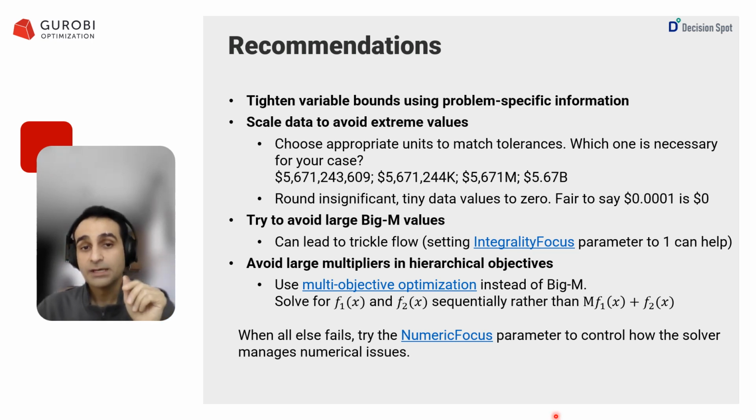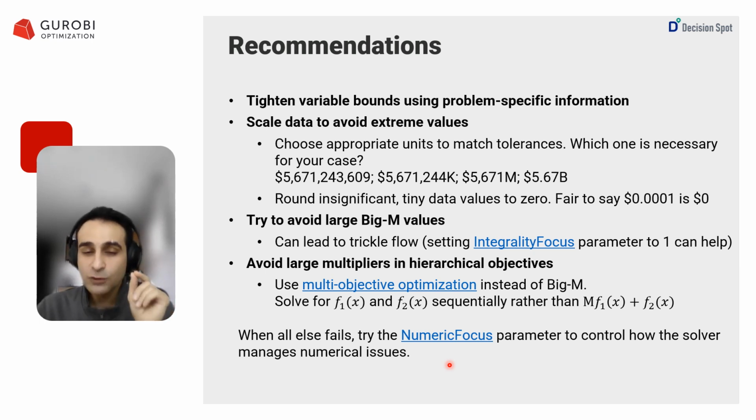Finally, if you've tried all the previous recommendations and still faced numerical issues, then try different values of the numeric focus. This parameter controls how the solver handles numerical stability by balancing speed and accuracy. The default value is 0, which means the solver makes an automatic choice with a slight preference for speed.